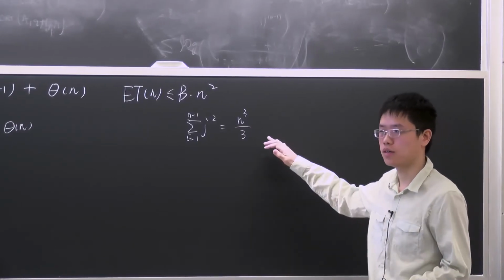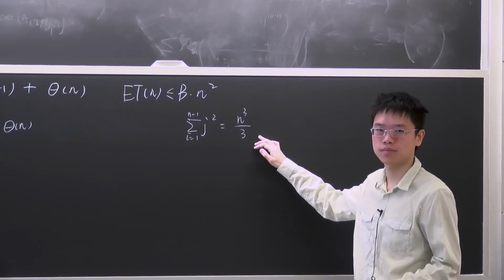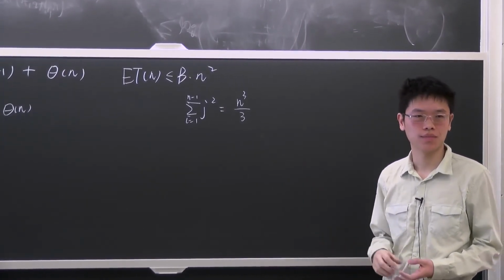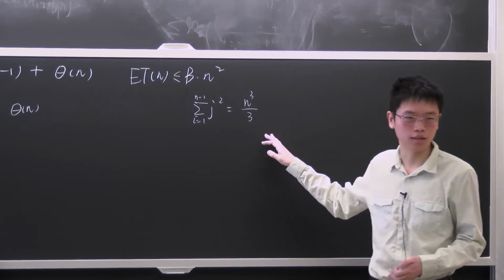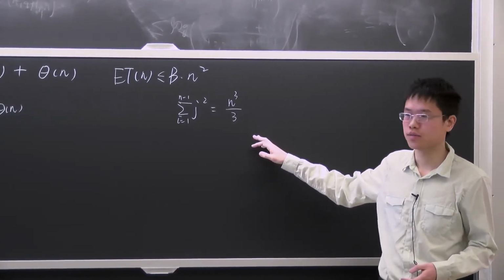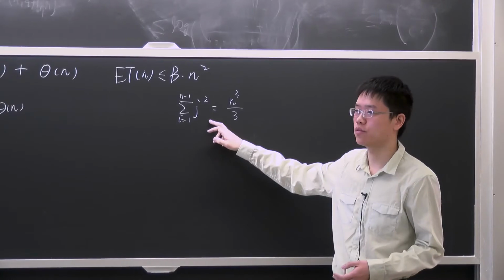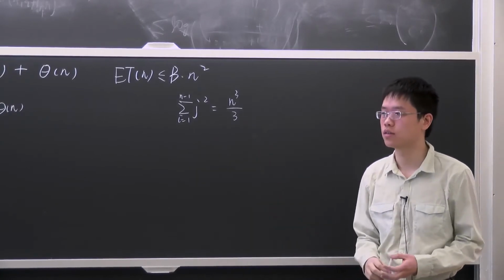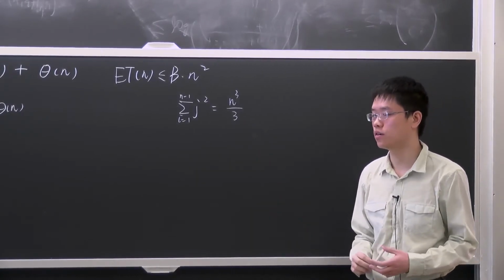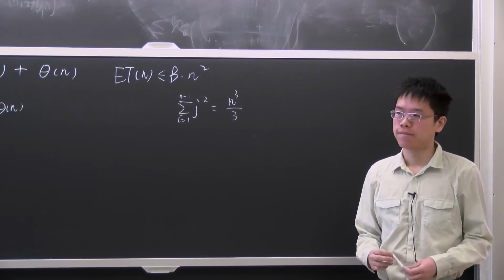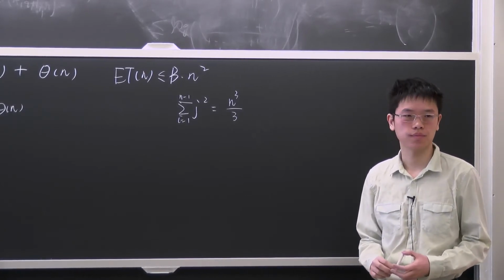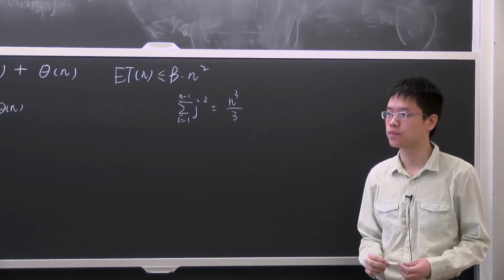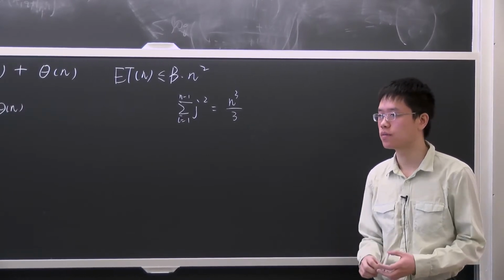Is that obvious to everyone? Maybe not. OK. Can anyone explain this to us? Why can I claim the sum of square term is n cubed over 3? Go ahead.